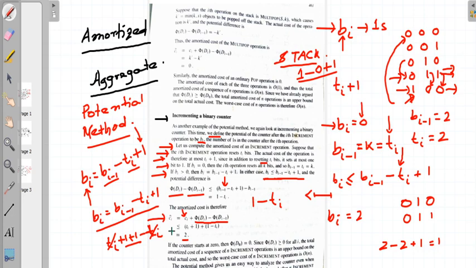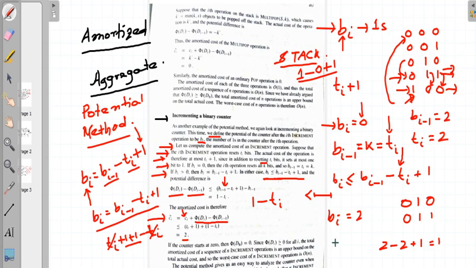Okay, that means constant. So how many such increment operations will we be performing? Who will tell? Except Shora, some others should come up and tell. How many such increment operations will we be performing?